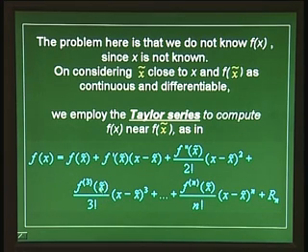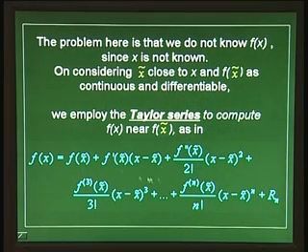This notation here, f of x tilde, means f evaluated at x tilde, f prime of x tilde means f prime evaluated at x tilde, and similarly all derivatives. So you could expand this in a series. We are only interested in this particular calculation up to the first order.